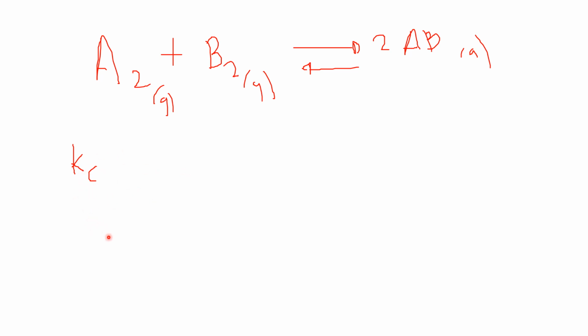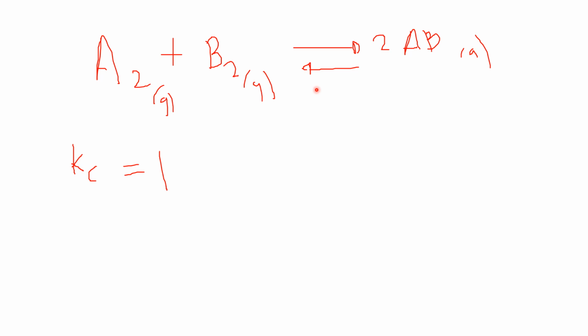It tells us that if the Kc is equal to 1, it means the concentration of the reactants and the concentration of the products will be equivalent in the equilibrium state.